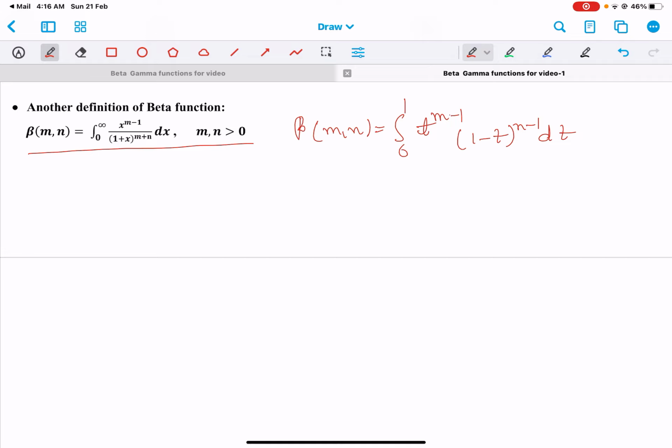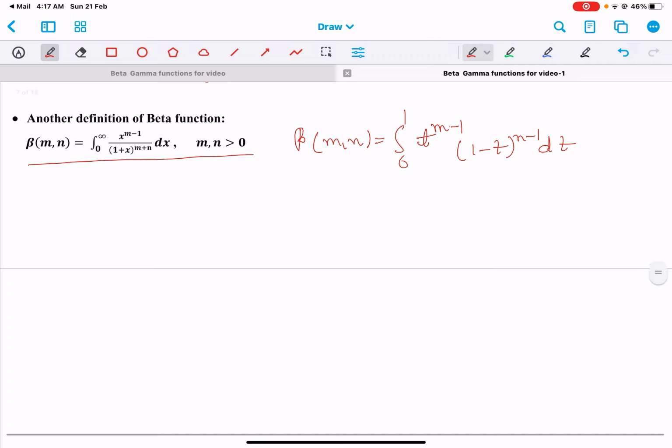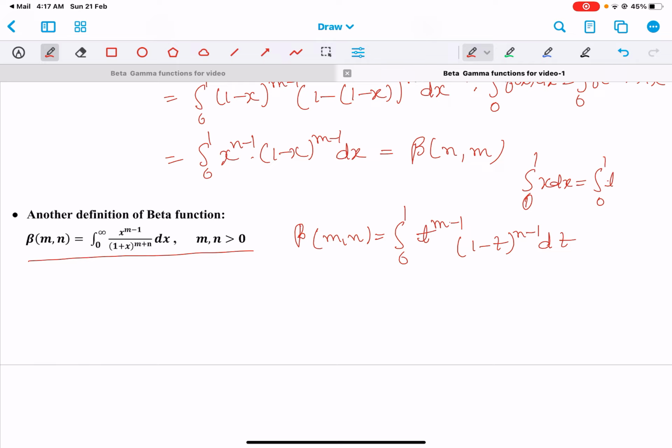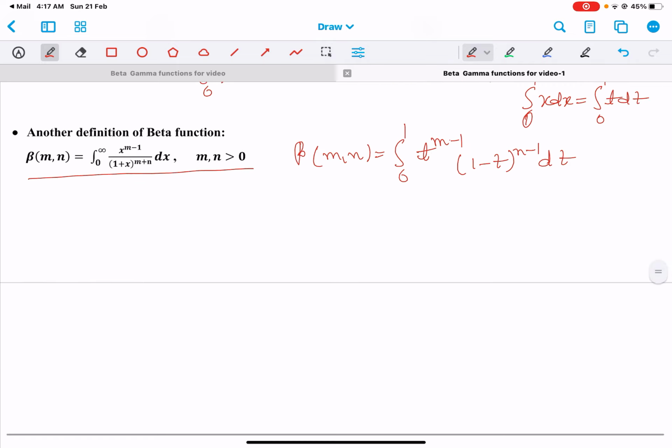You know that variable of integration is dummy in case of definite integrals, because if you take integral 0 to 1 x dx, this will be same as integral 0 to 1 t dt.